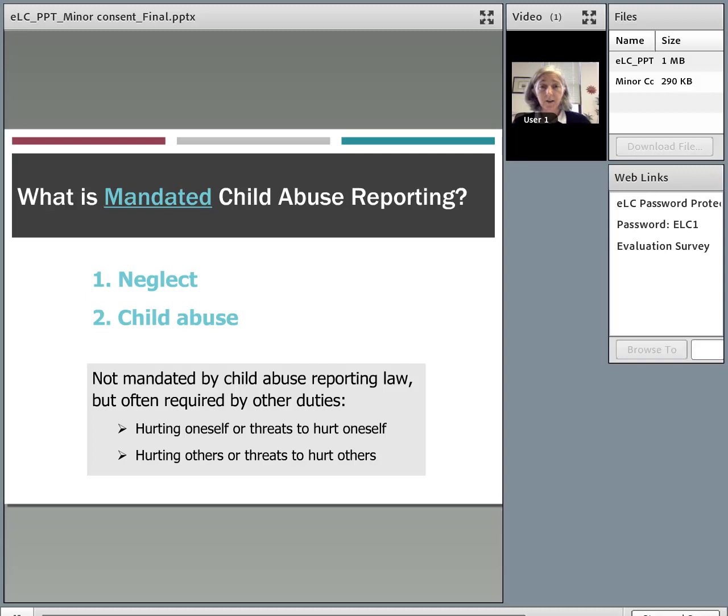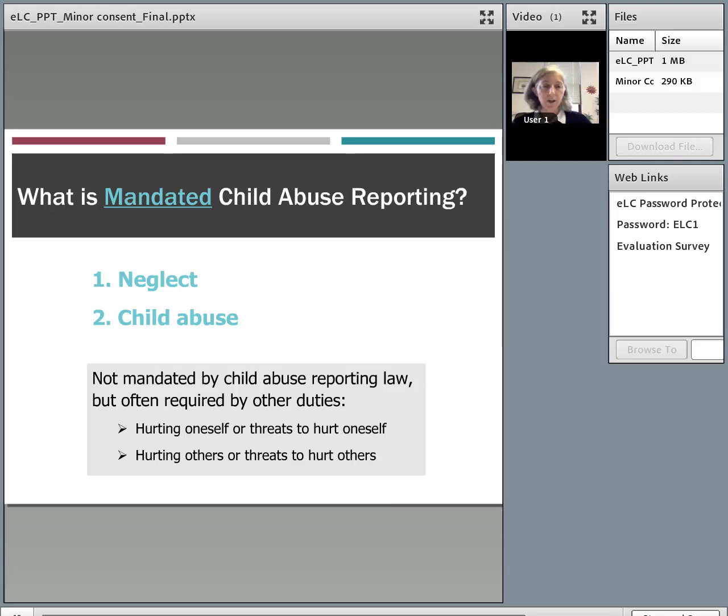We also have what sometimes are known as Tarasoff duties, which are ethical obligations that may require you to make a report or inform someone when you have a client who you think is a serious risk to themselves, or may hurt somebody else and be a serious risk to them.